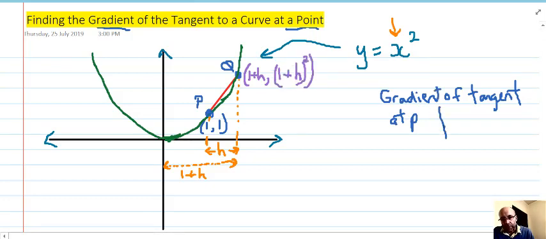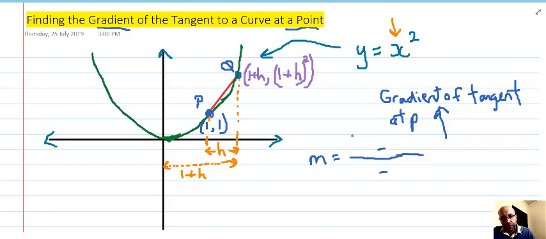Because we're looking for the gradient of the tangent, we need to look at the gradient of this red line in general. Gradient is rise over run, so it'll be y2 take y1 over x2 take x1, delta y over delta x, whichever way you like to put it.